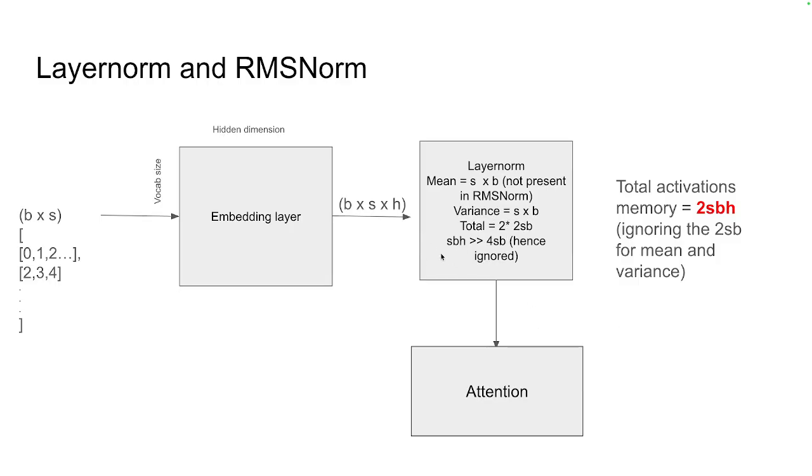So in layer norm, we'll only consider the input activations, and it will come down to 2SBH, and we will just ignore the mean and variance here. And then we have to go to attention.